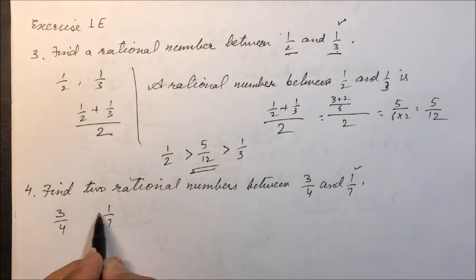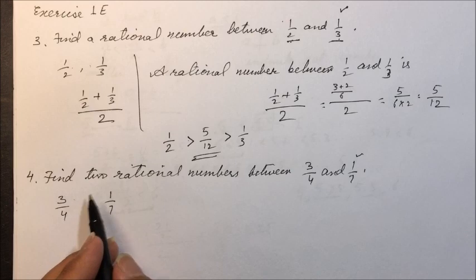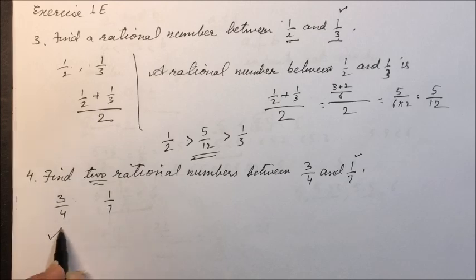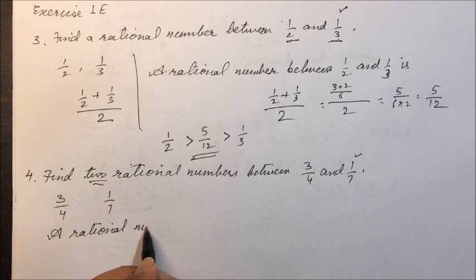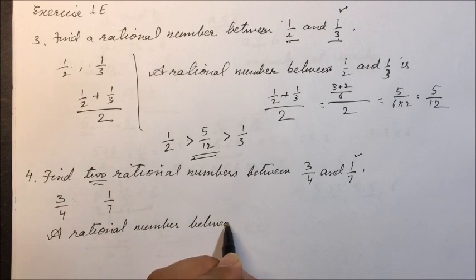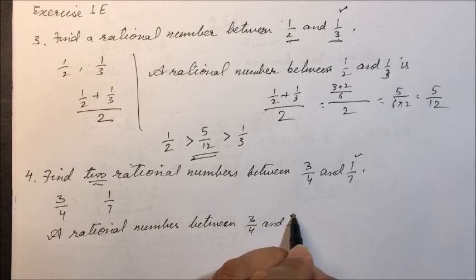So the sign will be like this. Now we have to find rational numbers between these two. First we will insert one rational number. So a rational number between 3 by 4 and 1 by 7.